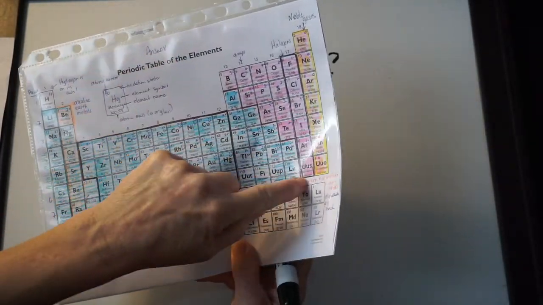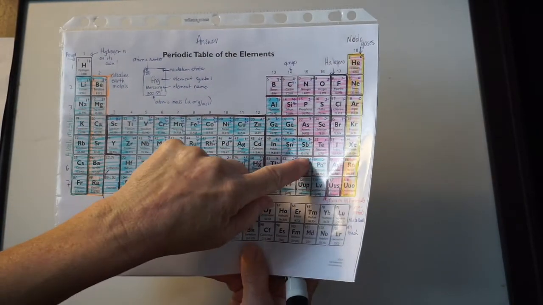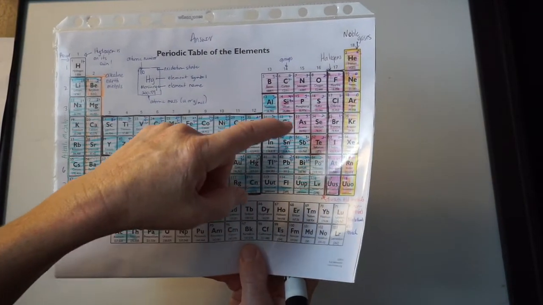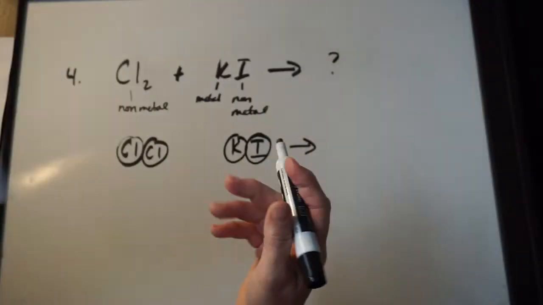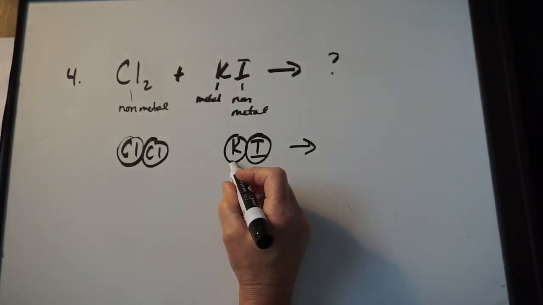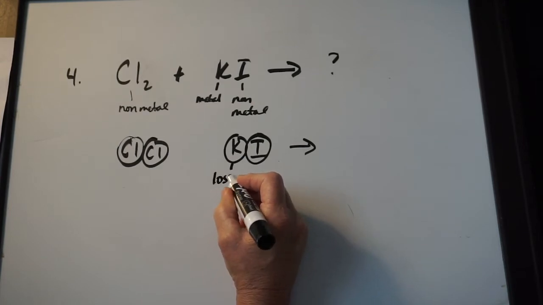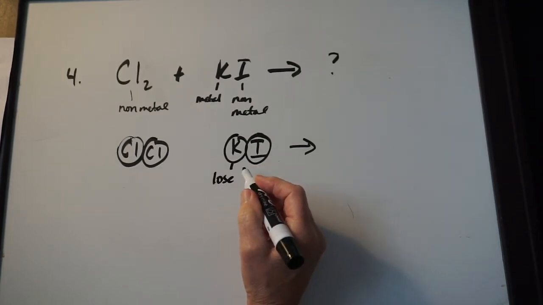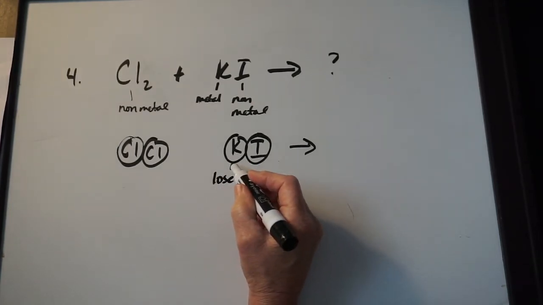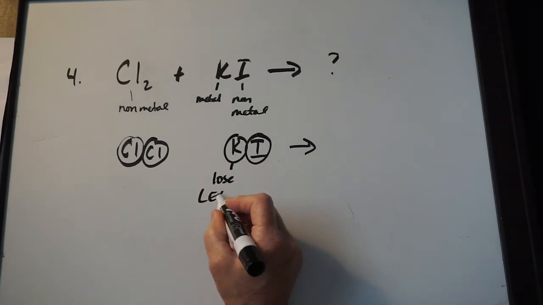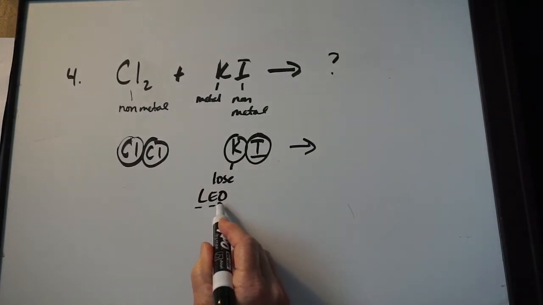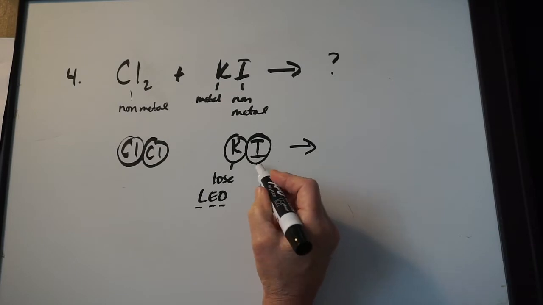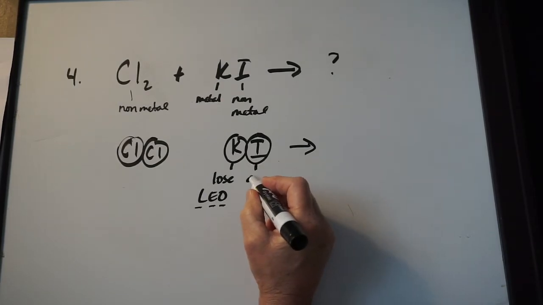We know that nonmetals, and I happen to color them in pink here, are going to gain electrons. So in this situation, the metal is going to lose electrons. We know that's going to be oxidized. You learned about Leo the lion goes grr. So lose electrons, oxidize, and the iodine is going to gain.